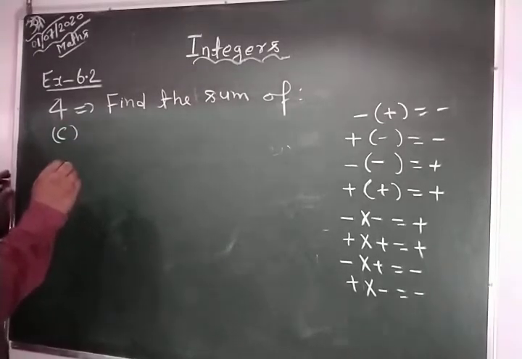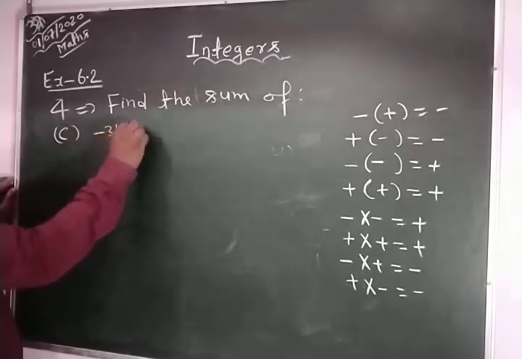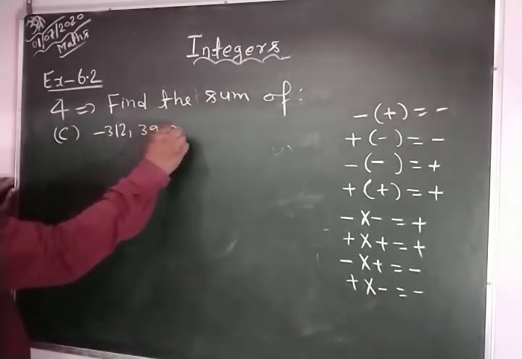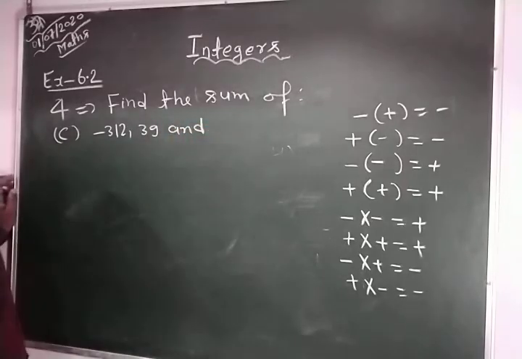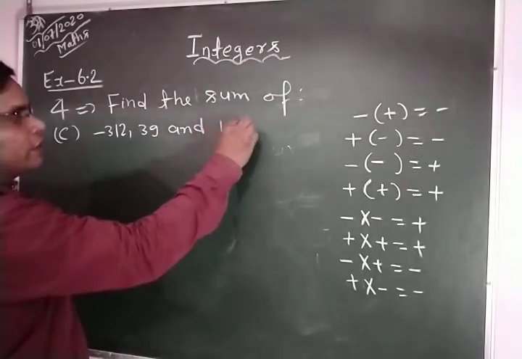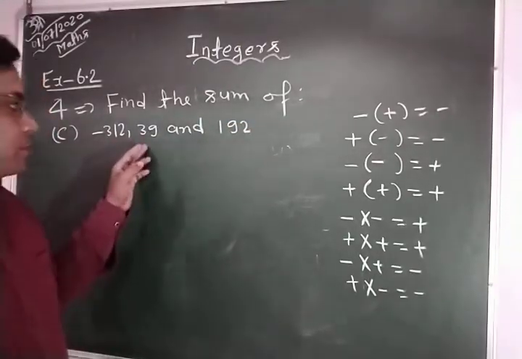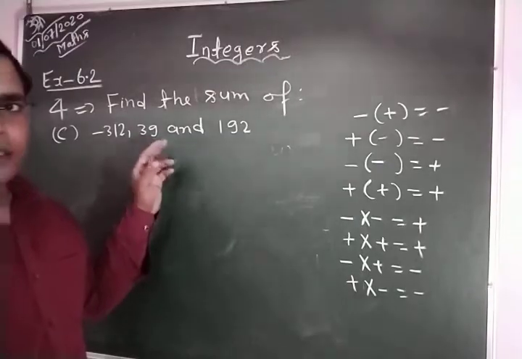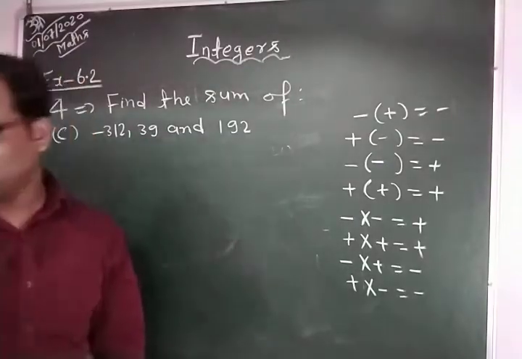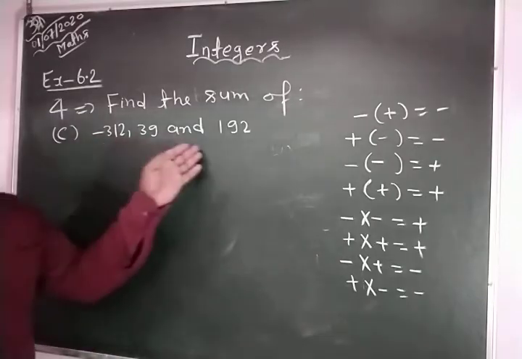Here given are minus 312, 39 and 192. We find the sum of these given three integers.